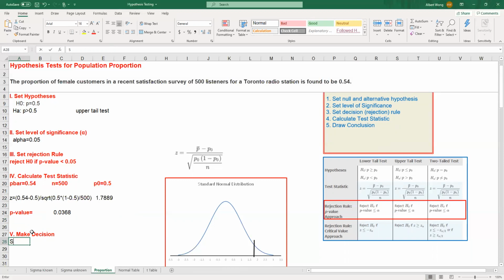And so now we can make a decision. If the p-value is less than alpha, we reject. Is this less than alpha? Yes, so we reject. Another thing about the p-value is that you can see how significant the result is by comparing it with 0.05.